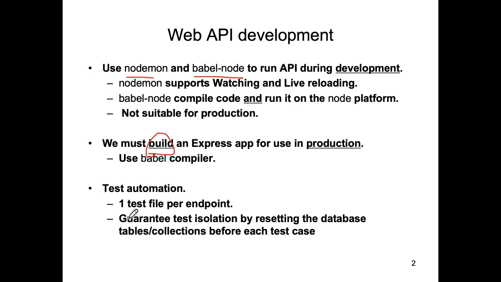Also, what we should be conscious of in our test automation is making sure that each test case runs in isolation and independently of every other test case. Now, what that translates to in relation to a web API is essentially repopulating your database at the beginning of each test case, because a database really is what stores the state in the context of a web API.